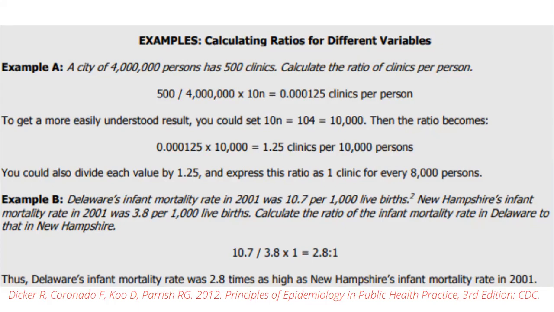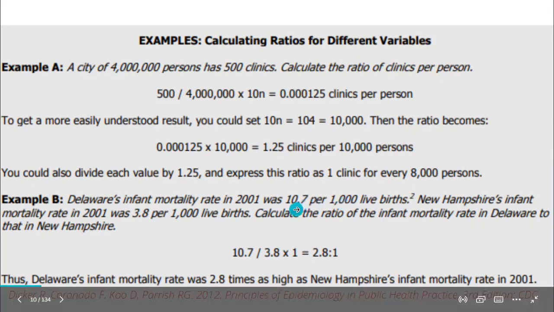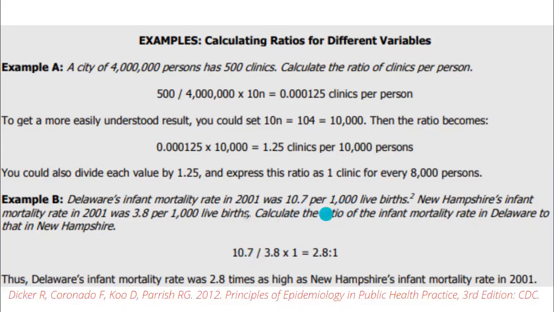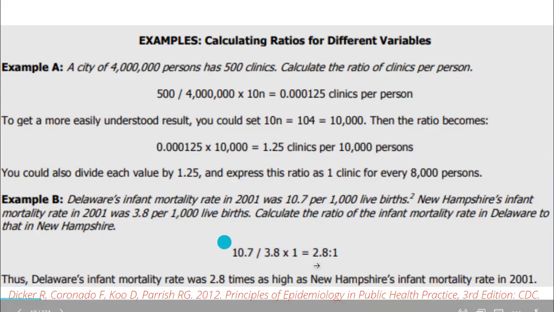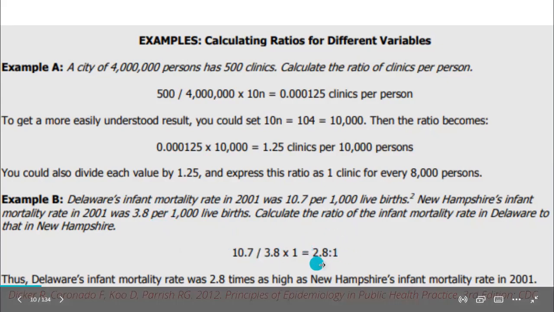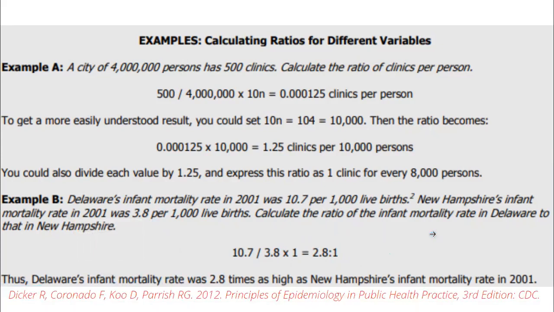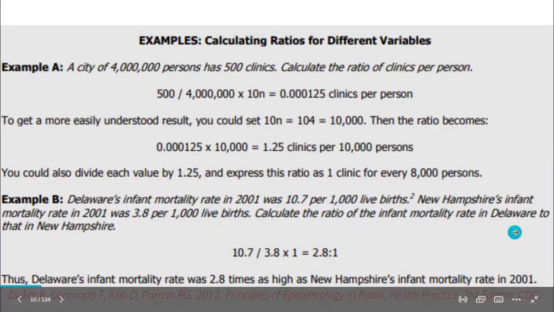The infant mortality rate of Delaware was 10.7 per 1,000 live births, and the infant mortality rate of New Hampshire is 3.8 per 1,000 live births, giving us a ratio of 2.8 is to 1. Thus, Delaware's infant mortality rate was 2.8 times higher than New Hampshire's infant mortality rate in 2001.